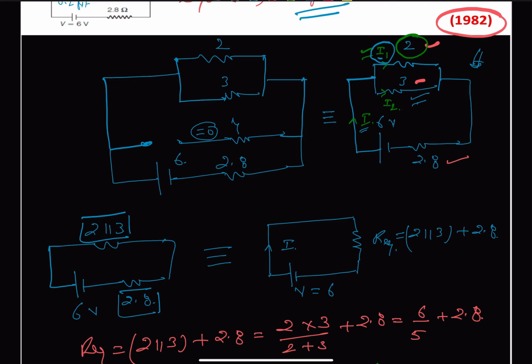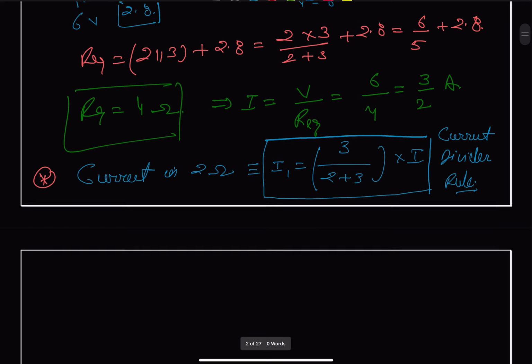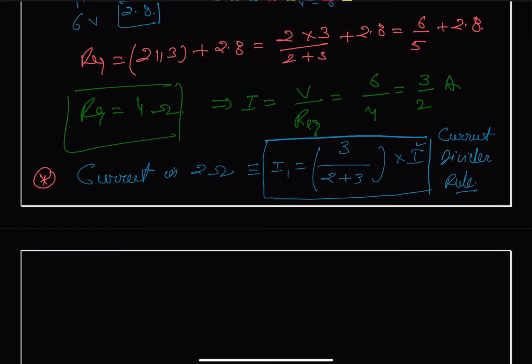That is, I should be multiplied by 3. Total current I is being multiplied by the resistance through which we are not going to find out the current, that is 3, divided by the summation of the resistance, that is 2 plus 3.